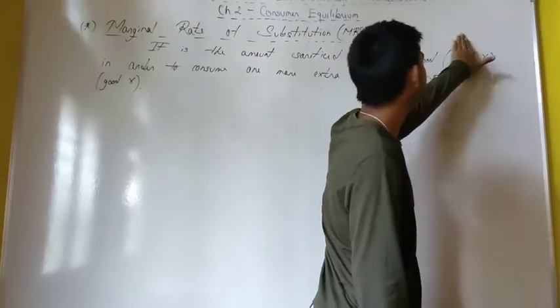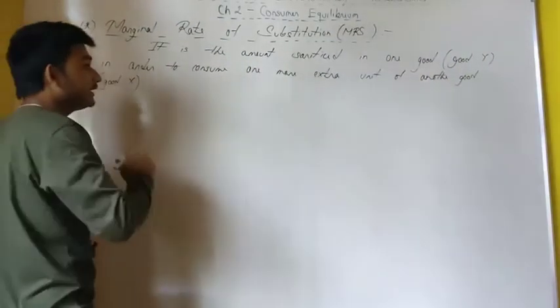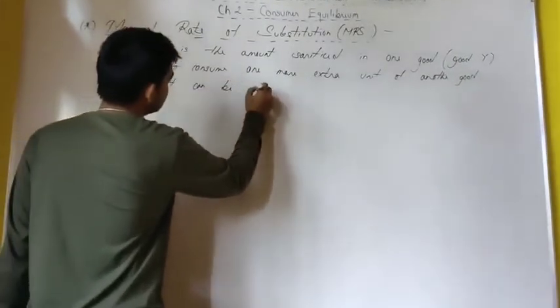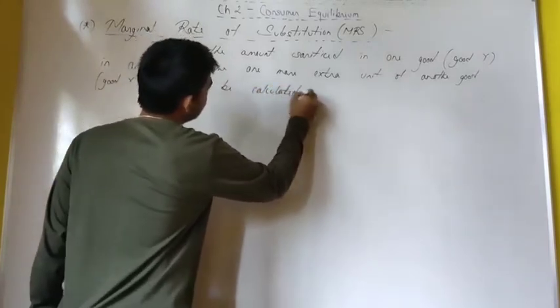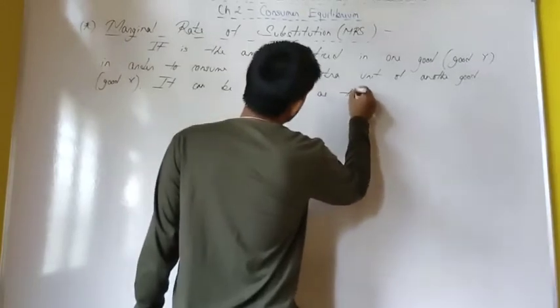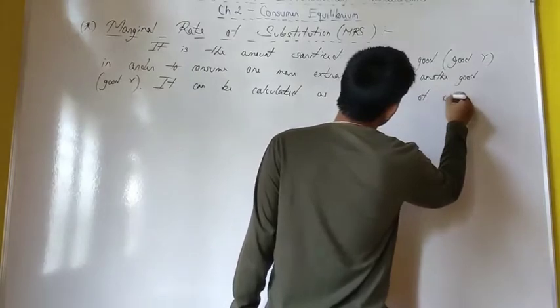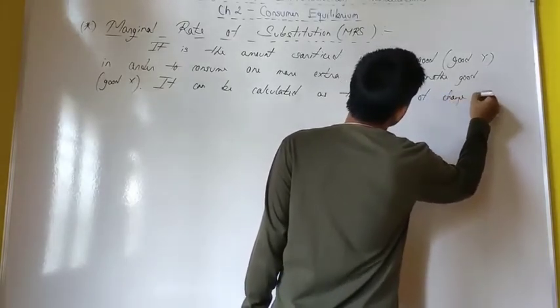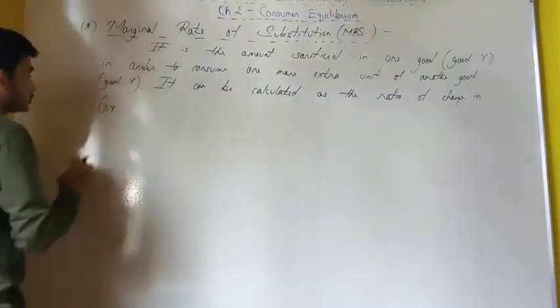of another good. So in order to calculate it mathematically, it can be calculated as the ratio of change in good Y. I'm just writing it in short as GY.